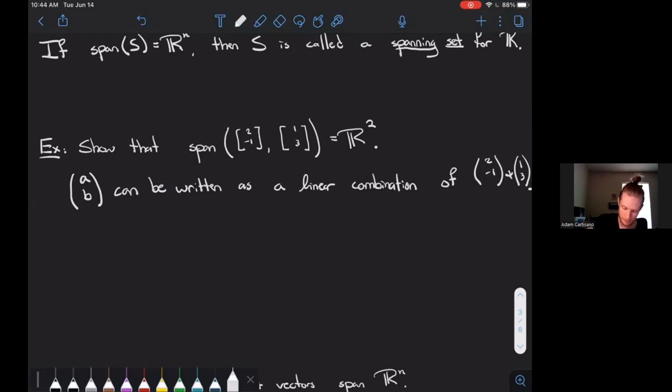So the linear system has augmented matrix 2, -1, 1, 3, augmented with AB, like that. And now we have to go and row reduce. So for example, we're going to have to take half of row 1.